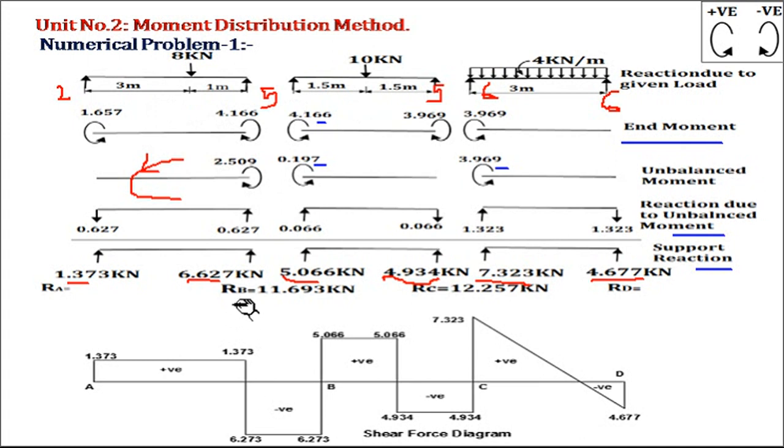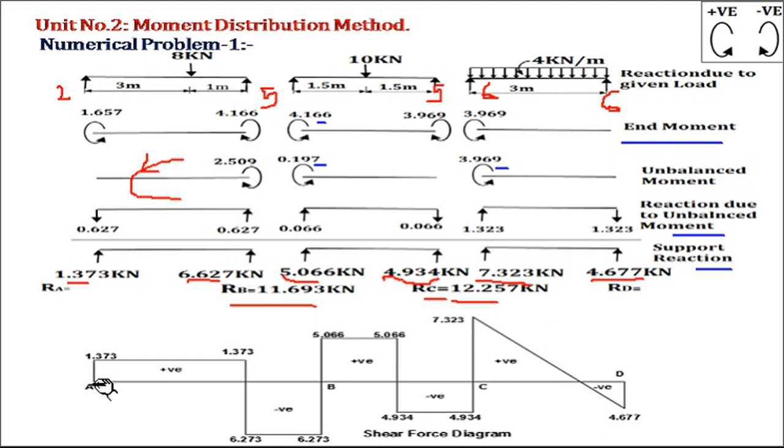At support B, the total reaction is 6.627 plus 5.066, that is, reaction at B is 11.693. Reaction at joint C is 4.934 plus 7.323, and it comes to be equal to 12.257. Now we have to draw the shear force diagram.